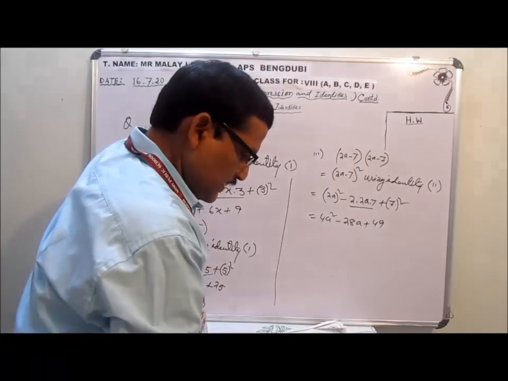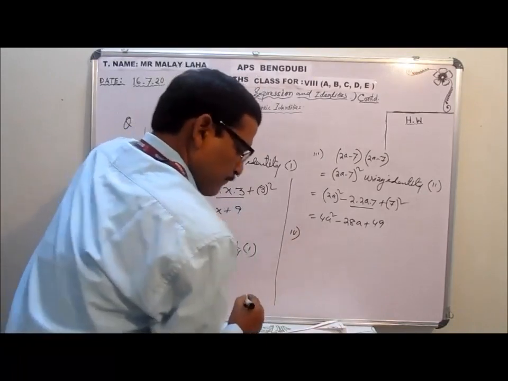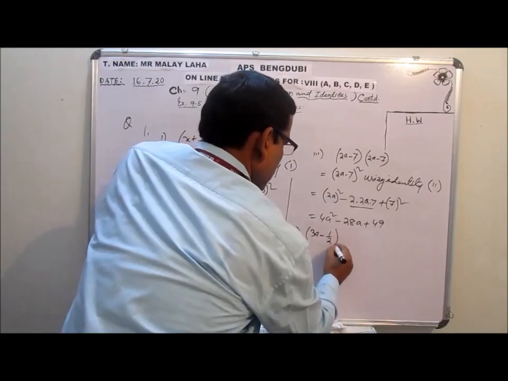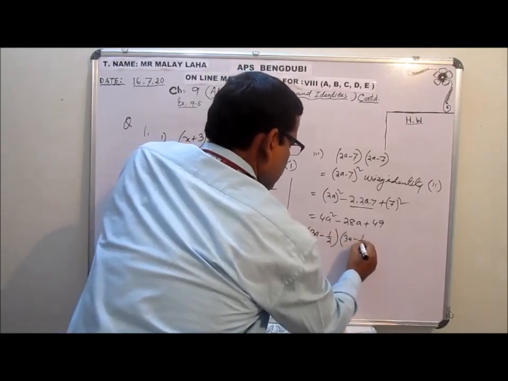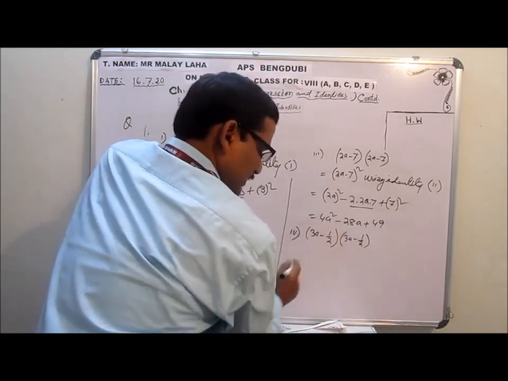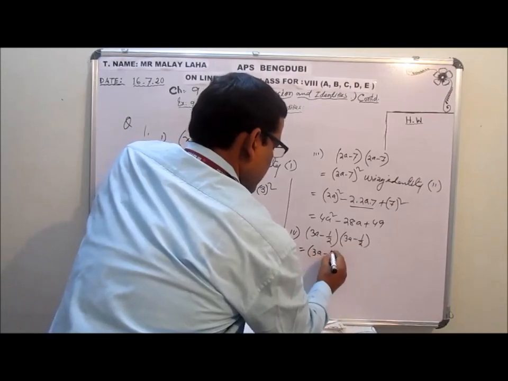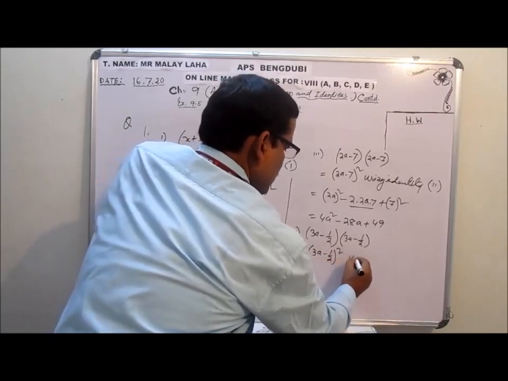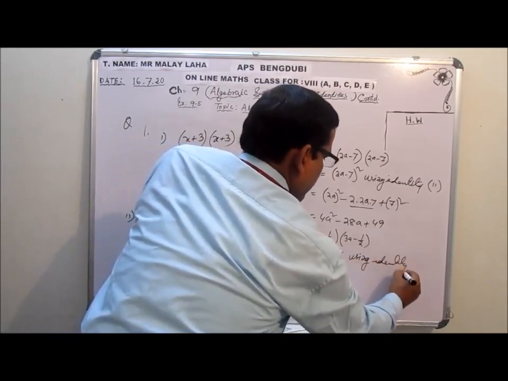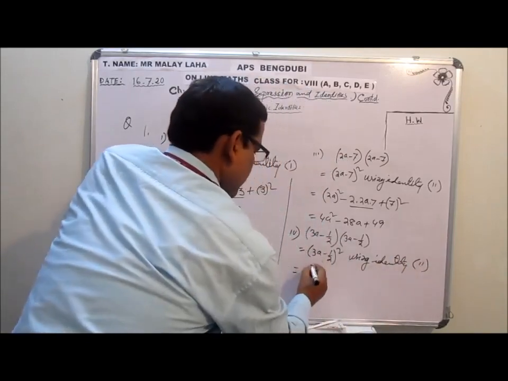Now next one, 4. (3a minus half) into (3a minus half). Same. So a will be 3a, b will be 1 by 2. I can write this way, (3a minus half) whole square, using identity 2. So a will be 3a.